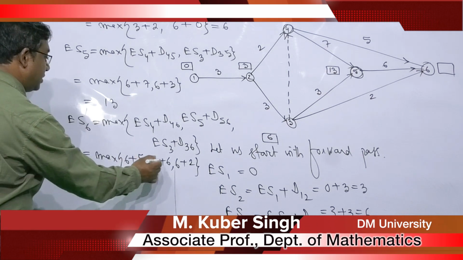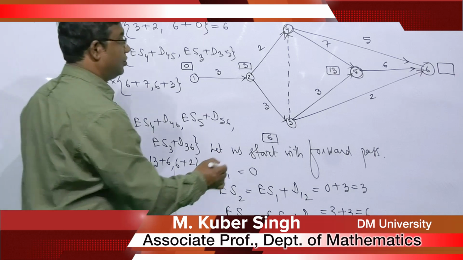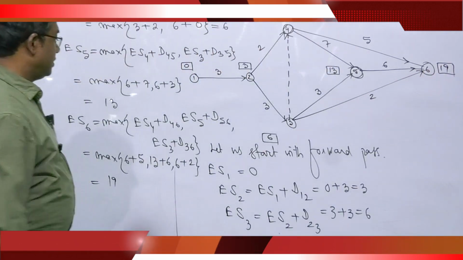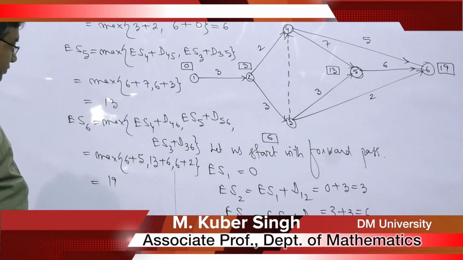So this is 11, this is 19, this is 8. We have to take 19. So you write 19 here. So this is the forward pass.